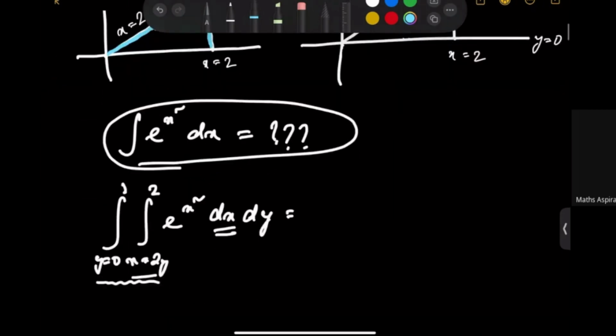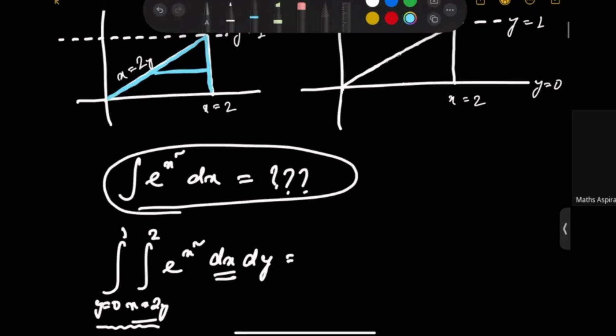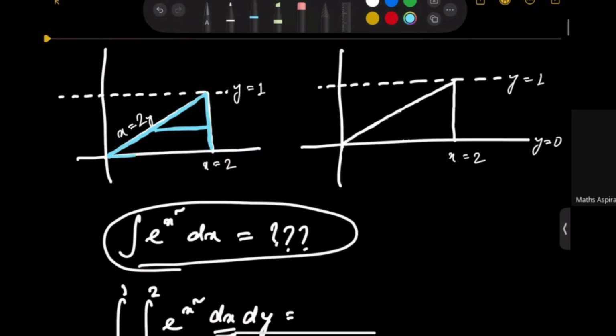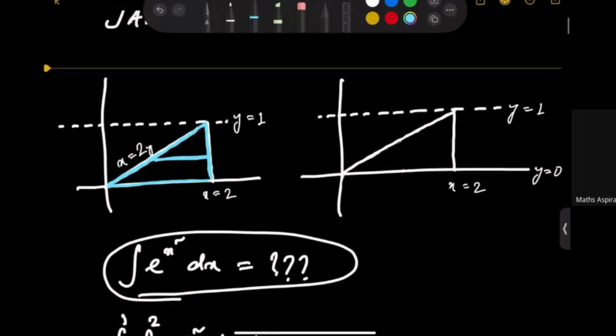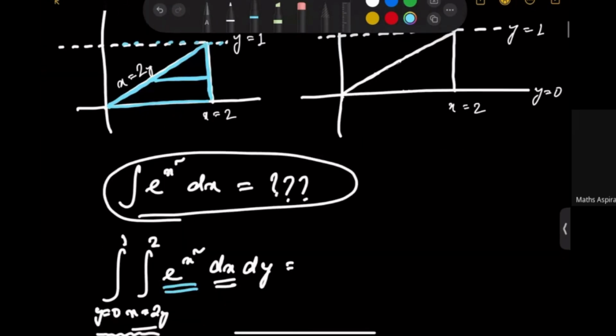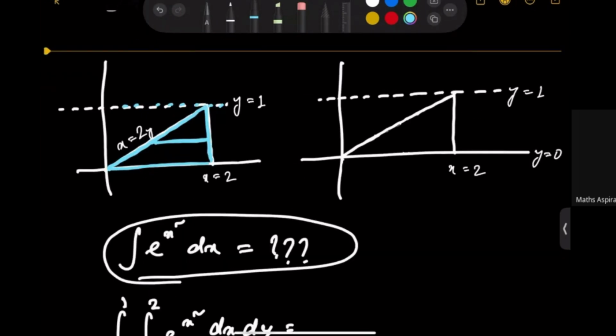Next, for the limits of y, y goes from 0 to 1. So y goes from y equal to 0 up to y equal to 1 that I have drawn here. So you are going to integrate this function e to the power x squared precisely over this shaded area. Now we have seen that we can't do this directly.